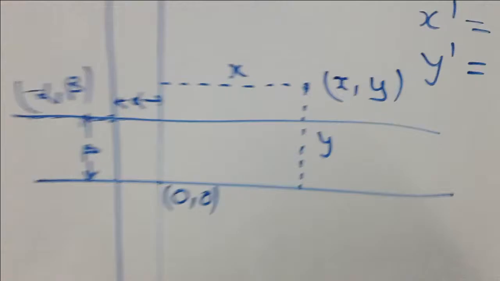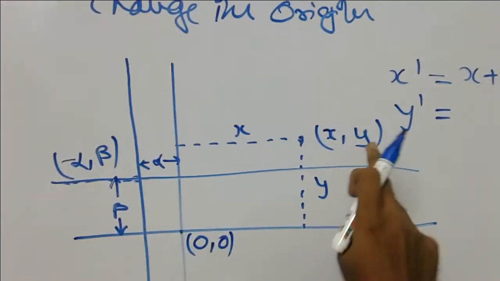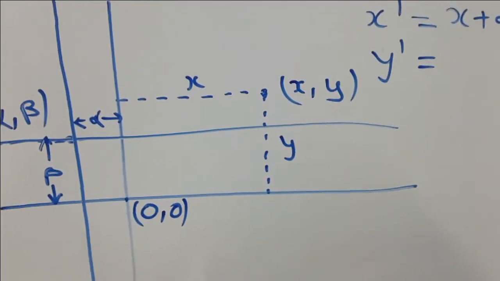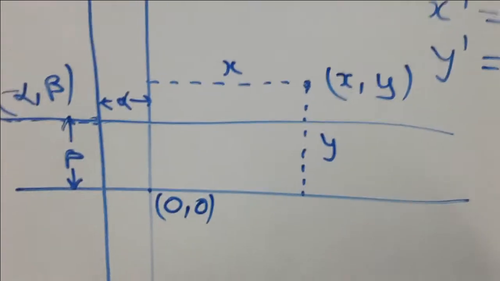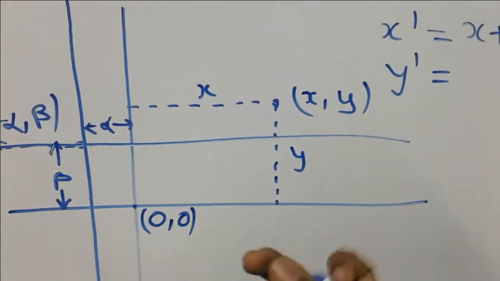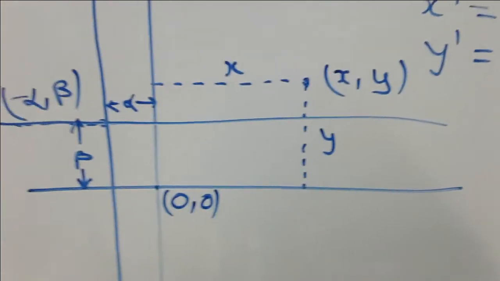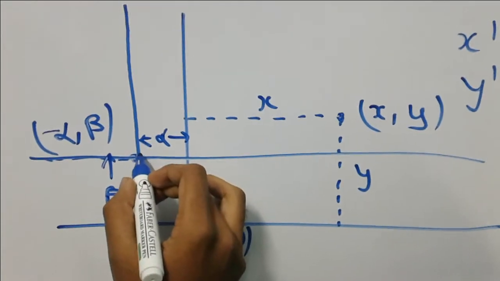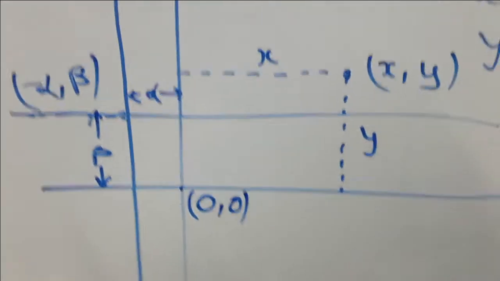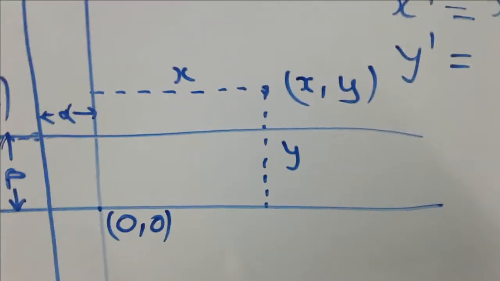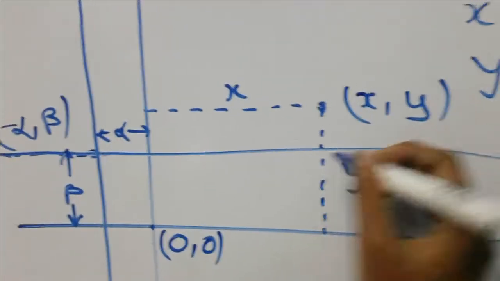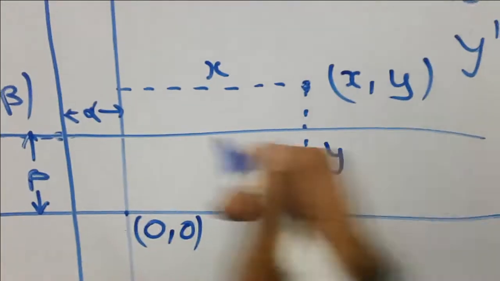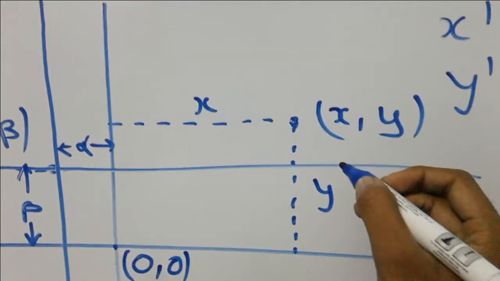Initially we have the y coordinate as y, which was at a distance y from this origin along the y-axis. Now, the new y coordinate is not very far from this axis. So how do we calculate how much is left? When you travel from this x-axis upward, how much will you travel?